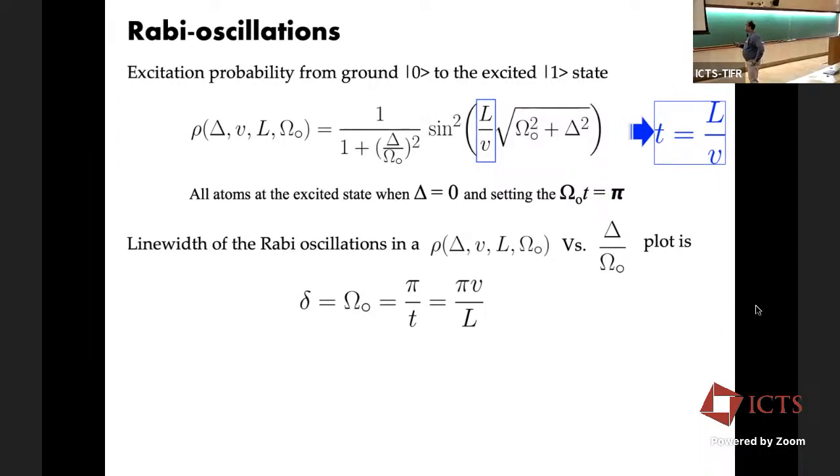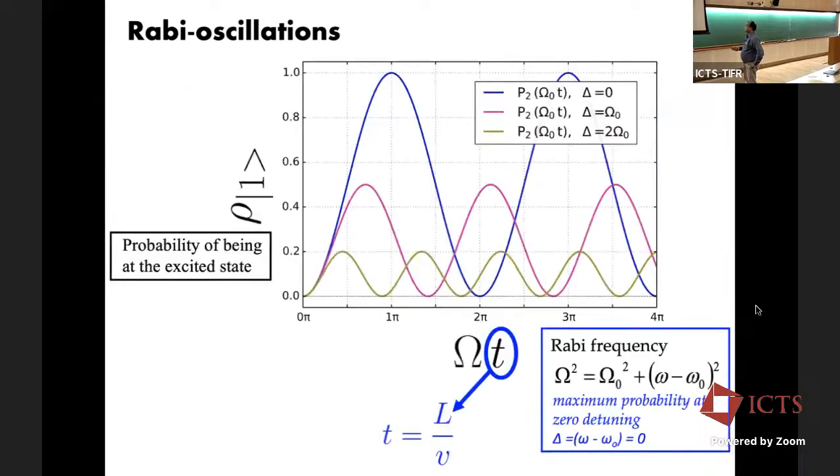So if I plot this quantity rho with respect to this delta over omega 0, you can also take omega 0 out and then make it delta over omega 0 squared. If I make a plot, then I will get the Rabi oscillations like this. So what would be the line width of these oscillations?